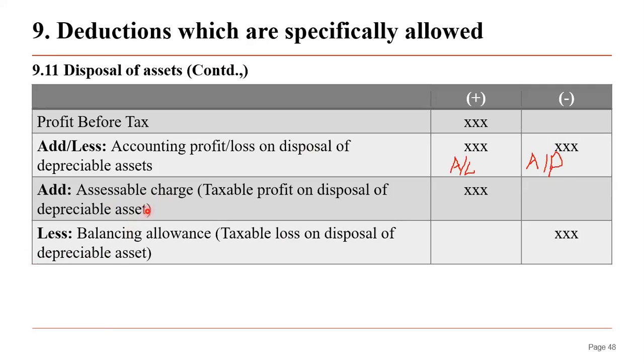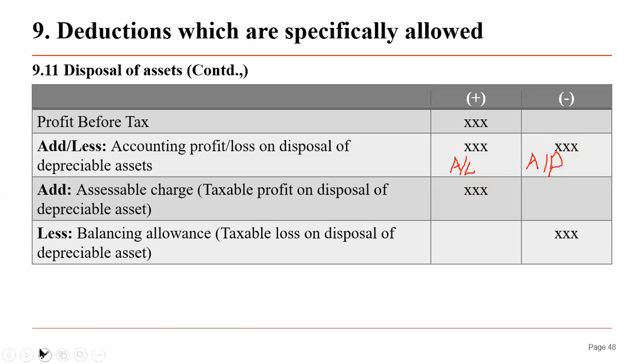If it is an accessible charge, then in simplified wording it is the taxable profit on disposal. Then we need to add it if it is taxable profit here. But if it is accounting profit, we need to deduct. We need to add a taxable profit, right?